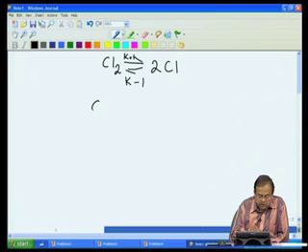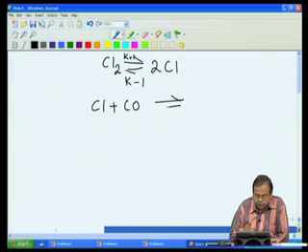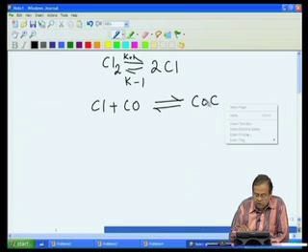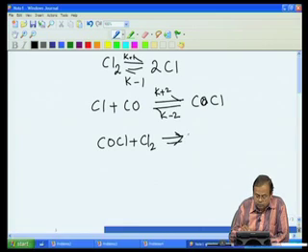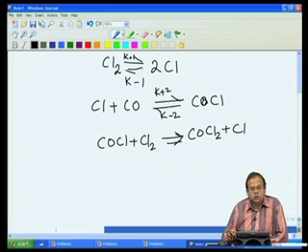Then the second step is Cl plus CO giving COCl. Let us call the forward rate constant k plus 2 and the reverse rate constant k minus 2, and then COCl plus Cl2 gives COCl2 plus Cl.